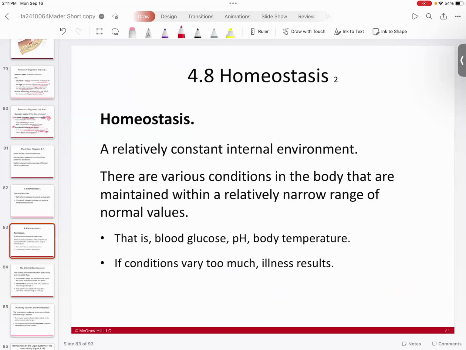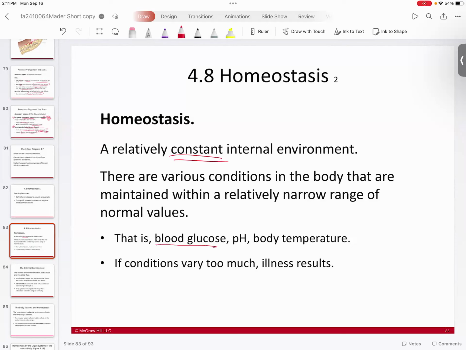Now let's go ahead and dig into homeostasis to round out the last bit of this chapter. Homeostasis basically is our ability to retain a constant internal environment. Lots of conditions in your body are under constant stability. We try to maintain constant levels.